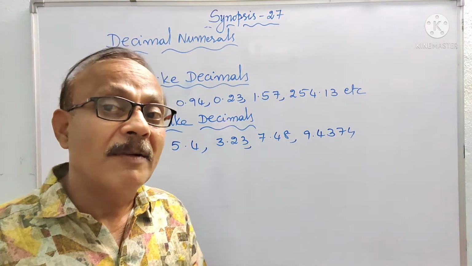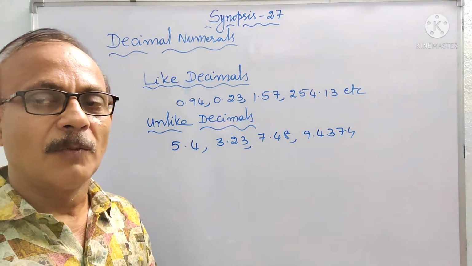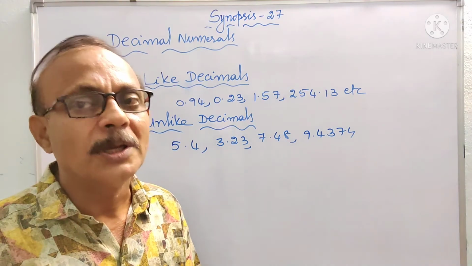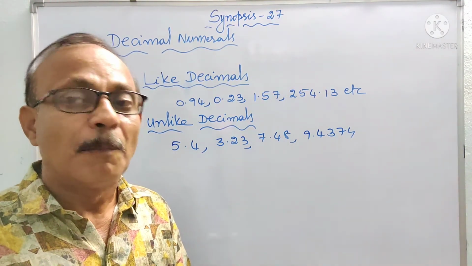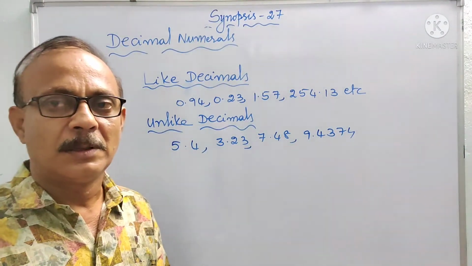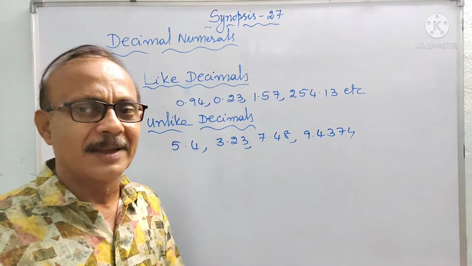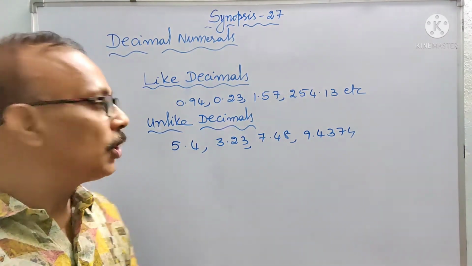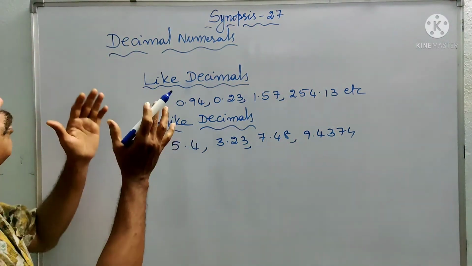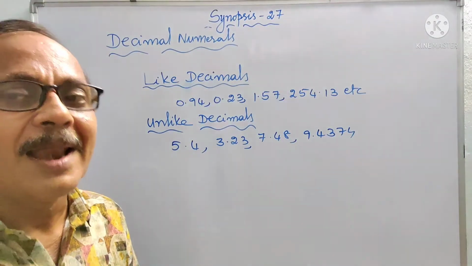But we can convert unlike decimals into like decimals by placing zeros at the end. That of course I will say later in the next synopsis. So this is how the decimals are classified: like decimals and unlike decimals.